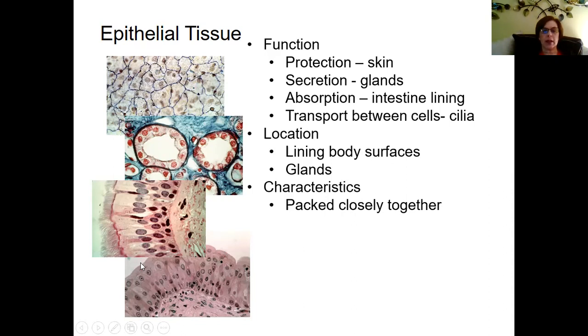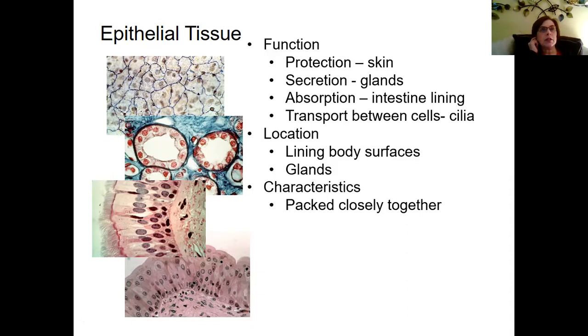The first characteristic is that they are packed really, really tightly. They're packed close together. If you look at these, there is no space in between these cells. If you look, they are just the black nuclei, or on yours, the dark gray nuclei, and it's a nucleus against a nucleus against a nucleus.